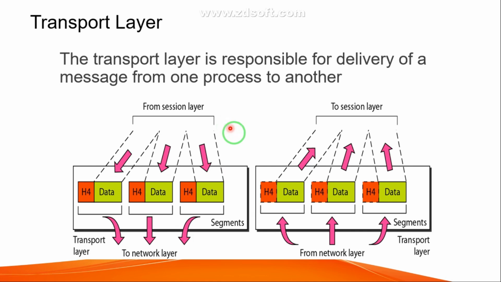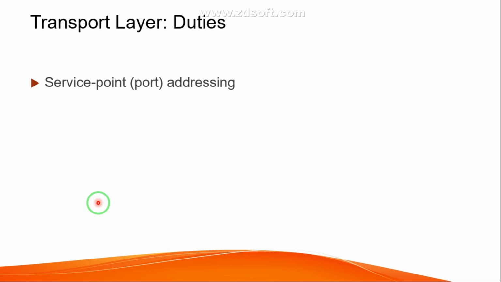So this is the difference. You can see that at the transport layer also, encapsulation is there. It means it is going to add the port address. Now, service point or port addressing. Guys, I want to take one analogy so that you can understand this port addressing.